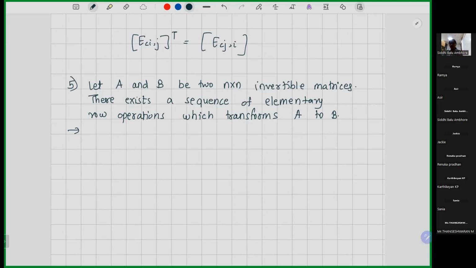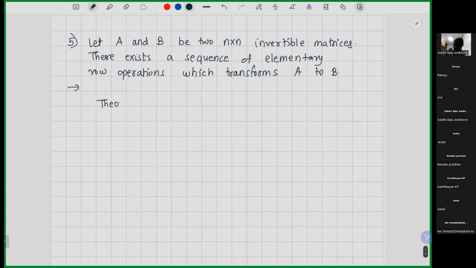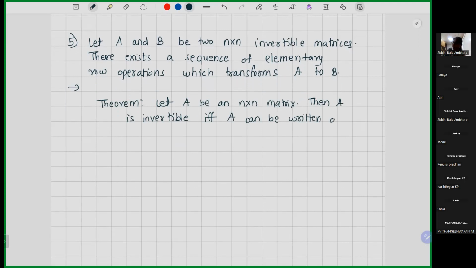So we'll talk about this elementary row operation in terms of multiplication of elementary matrices. Note this theorem which is already given in your lecture series: let A be an n cross n matrix, then A is invertible if and only if A can be written as a product of elementary matrices.